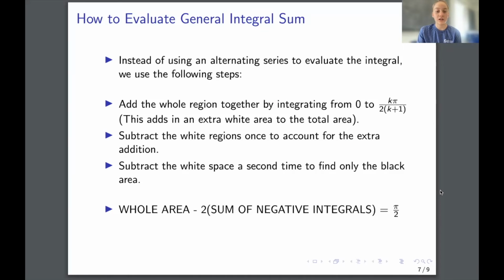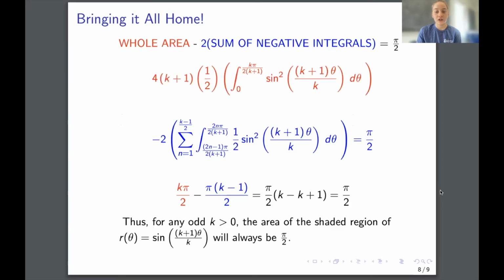So this is going to be the whole sum minus twice the sum of the negative integrals equals pi over 2. So here it's represented mathematically, and when we find the whole area, it's k pi over 2, and when we find the sum of the negative integrals, it's pi times (k minus 1) over 2, and when we subtract the blue from the red, we get pi over 2, which is exactly what we wanted.